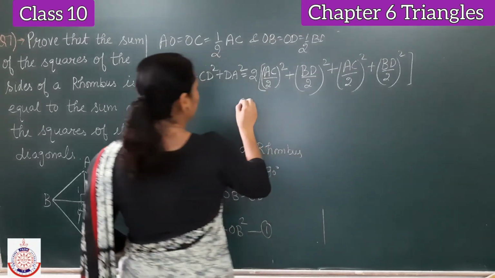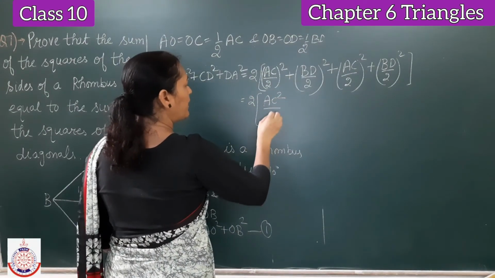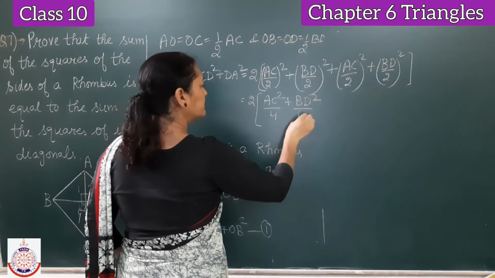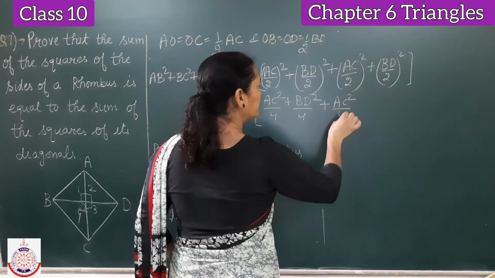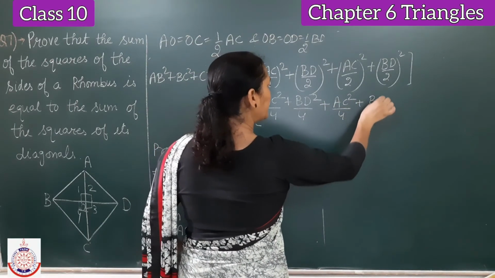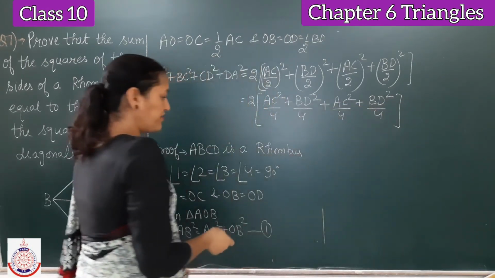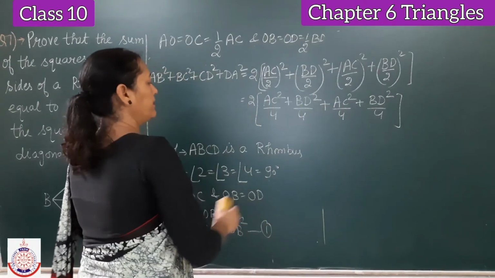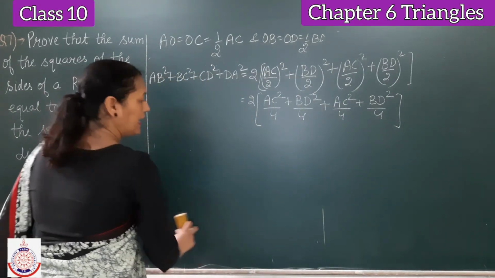Now, if you open the squares, AC square upon 4, BD square upon 4, plus AC square upon 4, plus BD square upon 4. Now, if we take LCM, which would be 4, and like terms will be added.